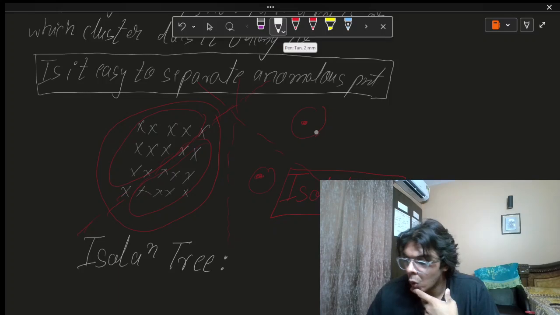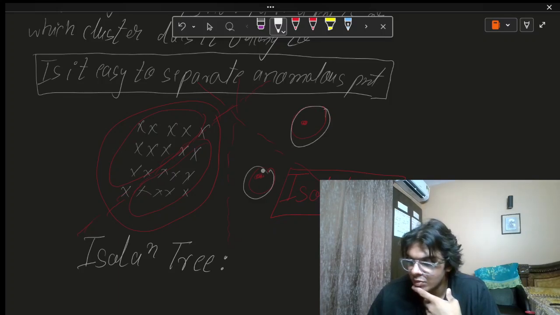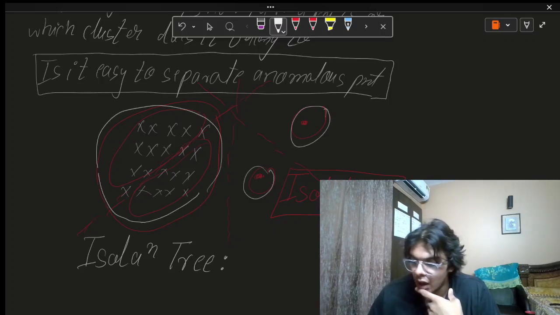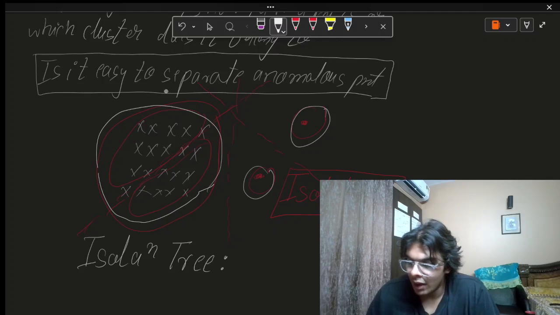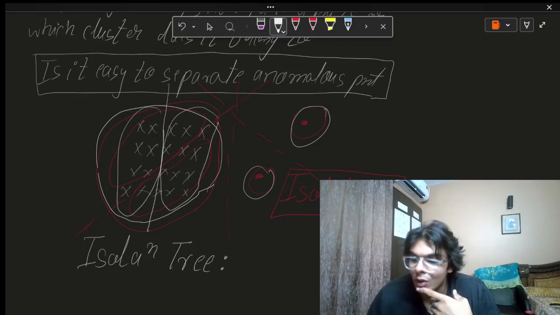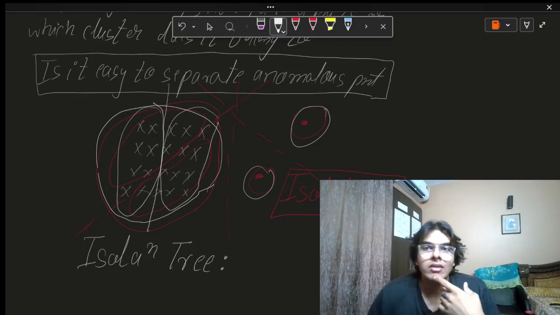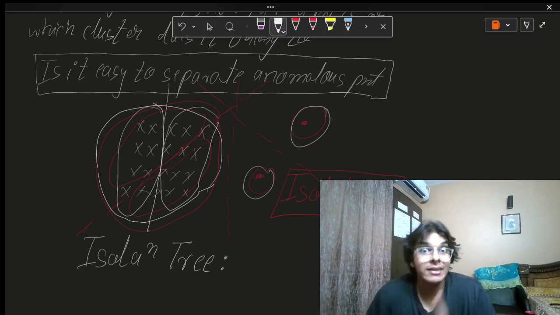Our goal is to separate these points and these points from the whole data. If we draw a line like this, which separates the dense points itself, there is no issue, because these are still going to be dense and these are still going to be dense. So the dense points are not affected as much by the cuts that we make, but the isolated points are, and that is what we want.